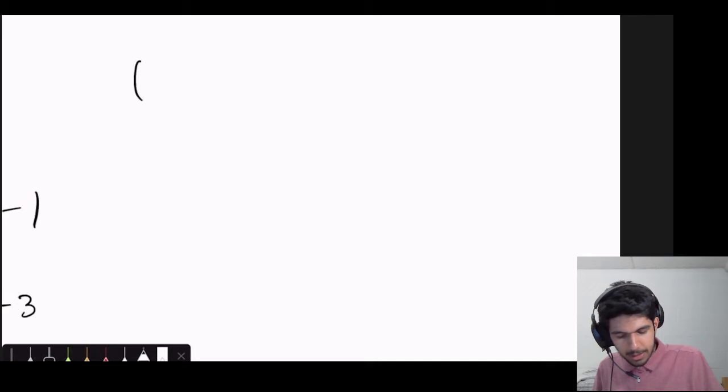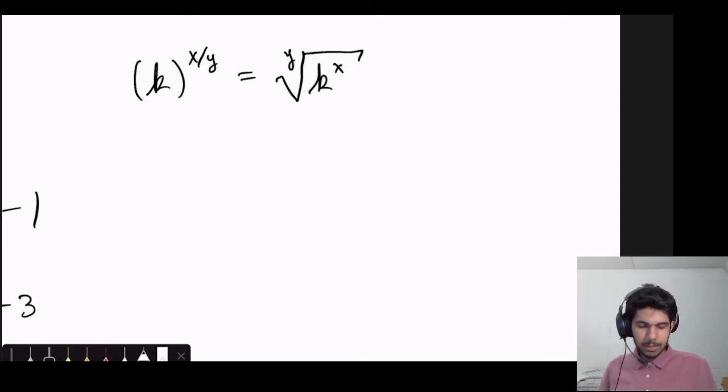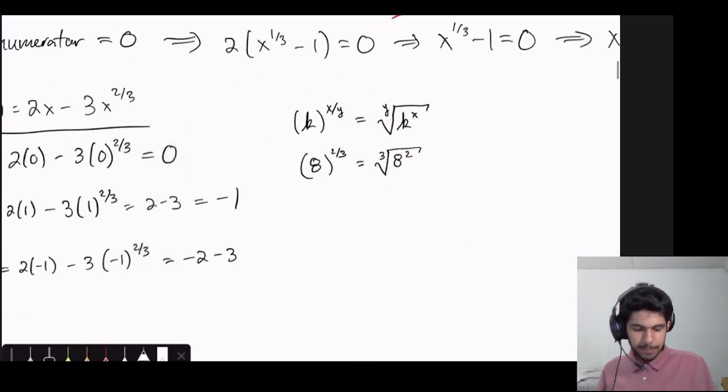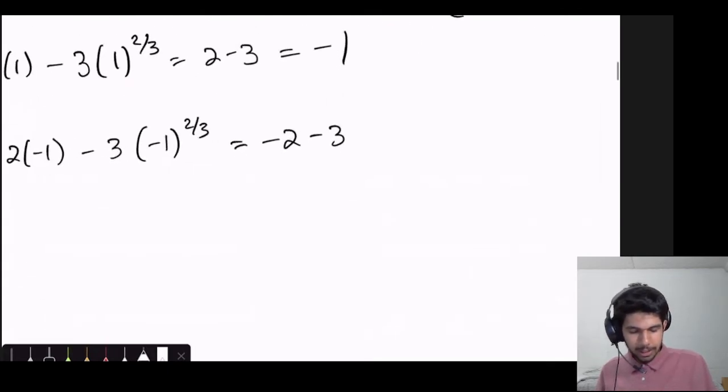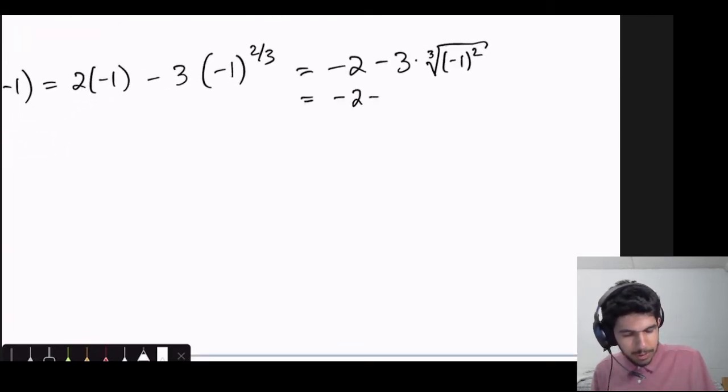If we have k to the x over y, this is equal to the yth root of k to the x, right? So if we have 8 to the 2/3, this is equal to the cube root of 8 squared. So here we have the 2/3 power, so this is the cube root of (-1) squared. So that's equal to -2 minus 3.